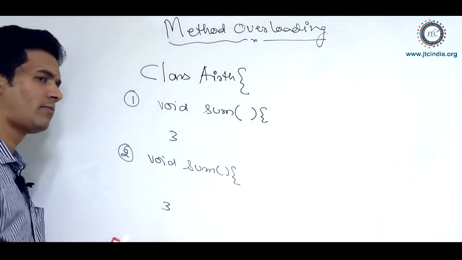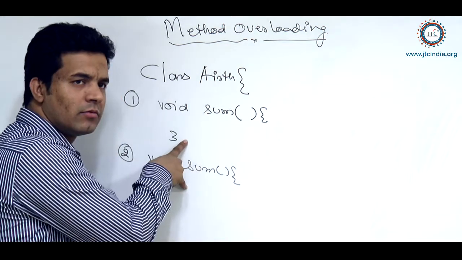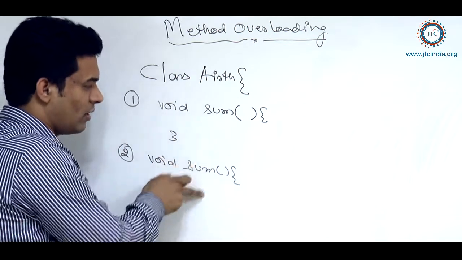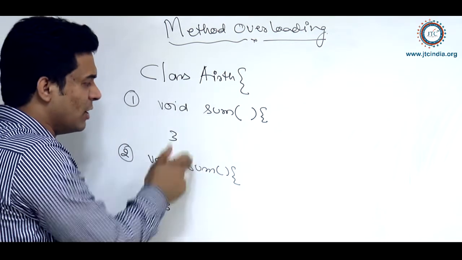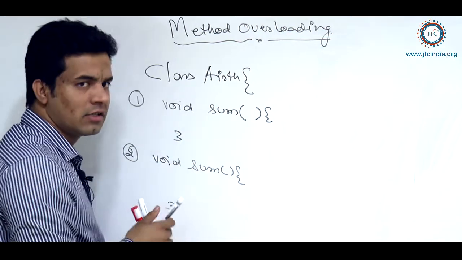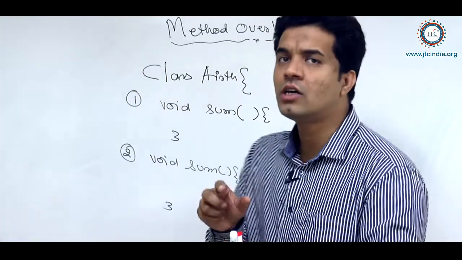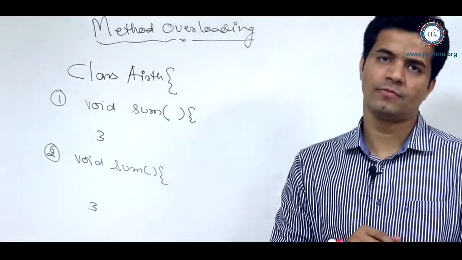Understand, now here I am writing more than one method with the same name. But will it be okay? No. Why? Because in a class we cannot write more than one method with the same signature.